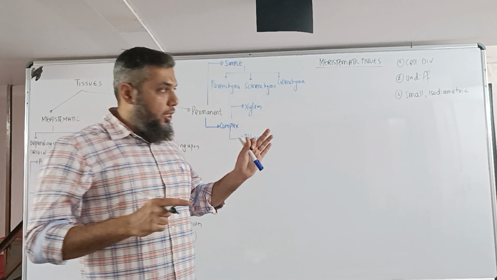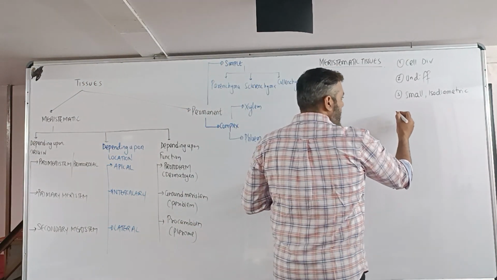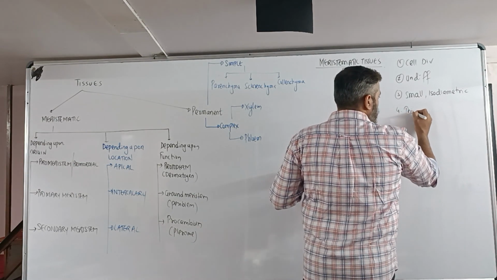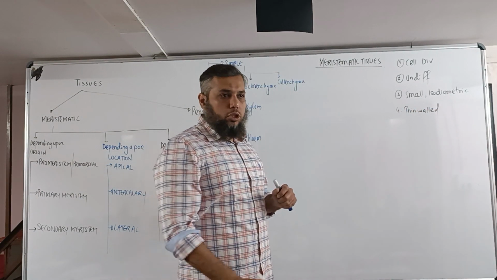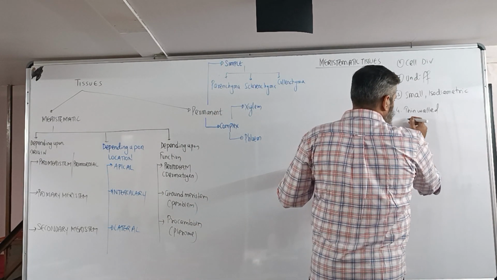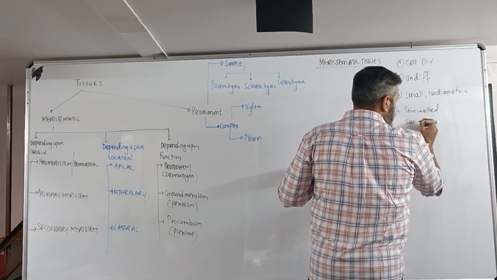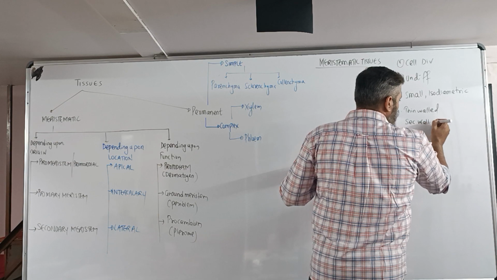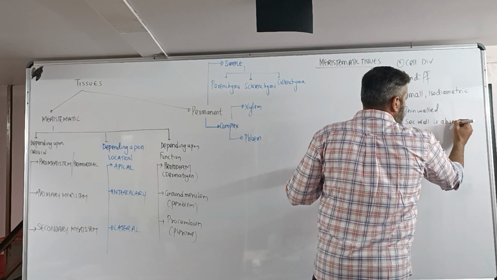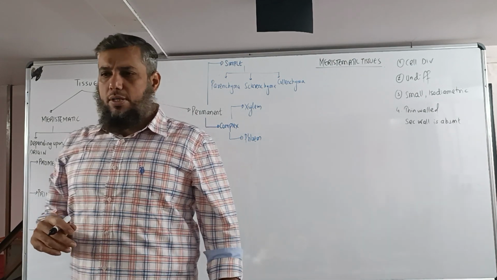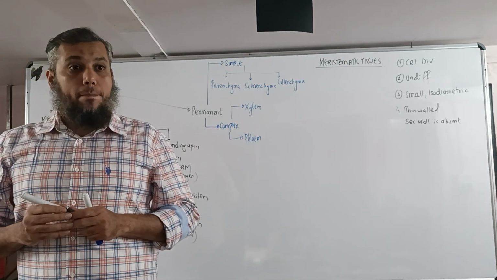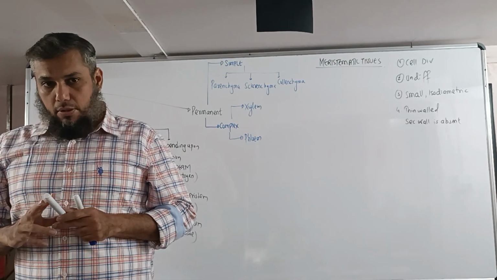So these are thin-walled cells. The cells are thin-walled, and they show the presence of only the primary wall. Secondary wall is absent. Any logic why they show the presence of only primary wall, secondary wall is absent? For cell division.